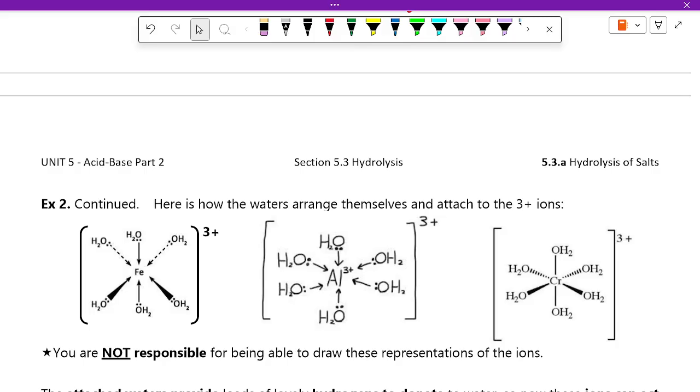1s2, 2s2. This is the s block here. And then we carry on. 2p6, 3s2, 3p1. Right, aluminum.